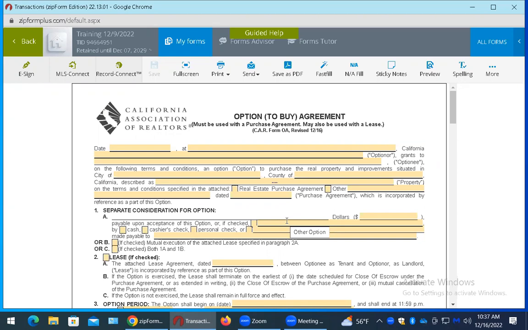So I usually don't advise the landlord to give the option to buy to the tenant. But if the tenant really insists, then you have to talk to the landlord about what the repercussions are and what risk he's taking. That's what I have to comment on.